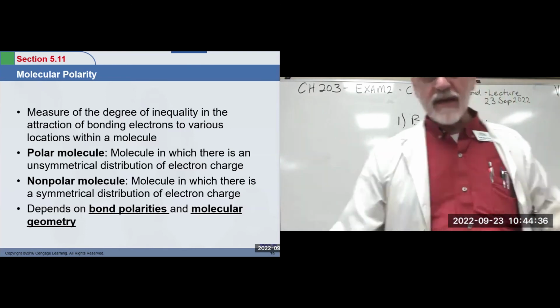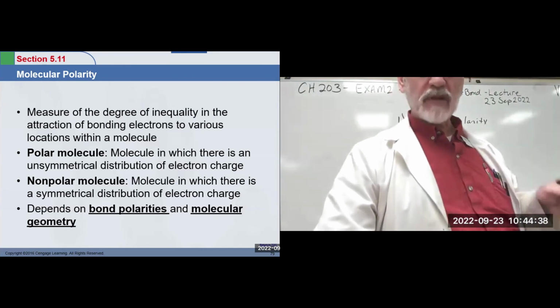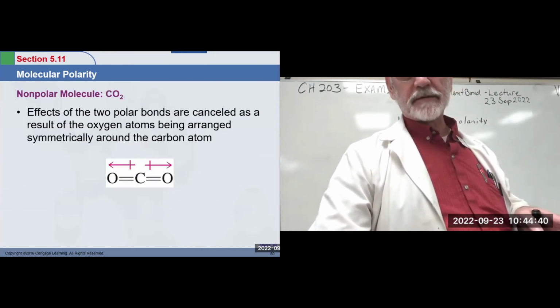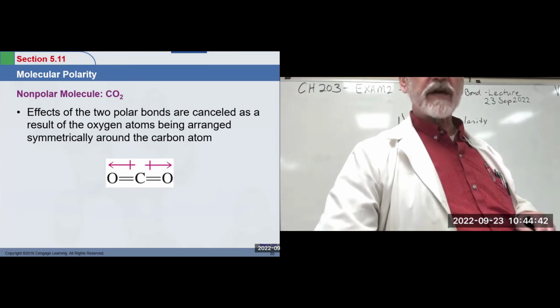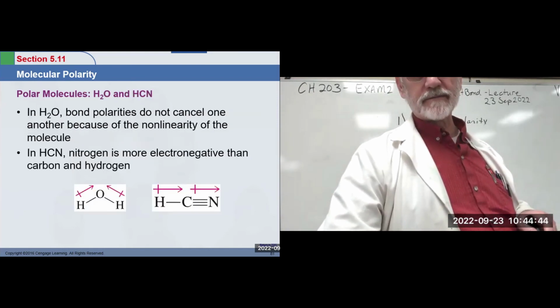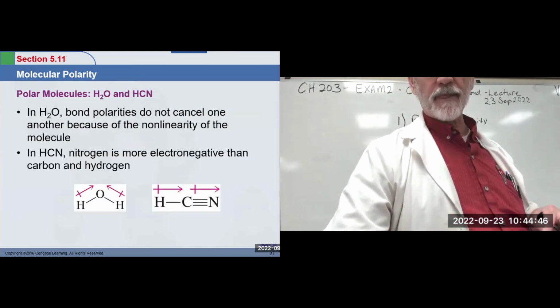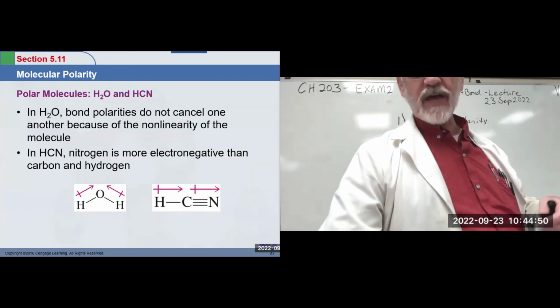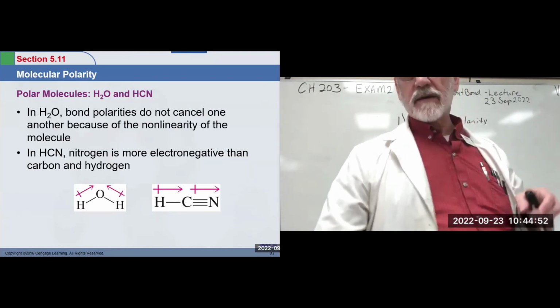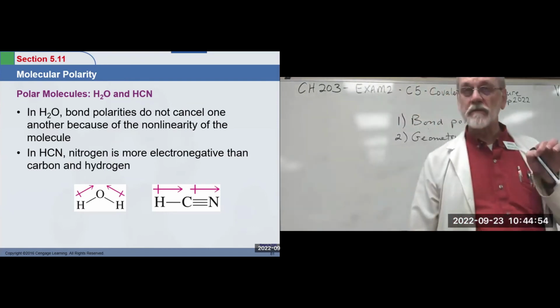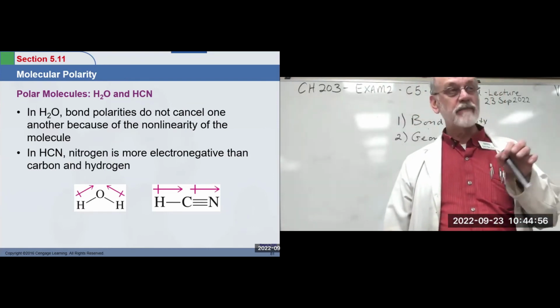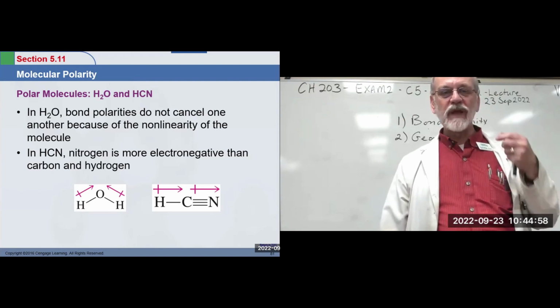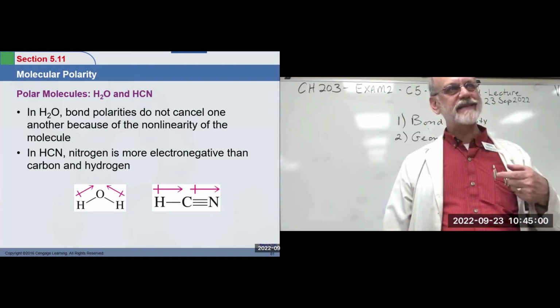Okay, so I mentioned that bond polarities and molecular geometry determine it. So there you go. Carbon dioxide is a nonpolar molecule. I won't beat that horse anymore. Water is a polar molecule. Hydrogen cyanide is a polar molecule. Why? It may be linear, but the polarity of the bonds are additive.